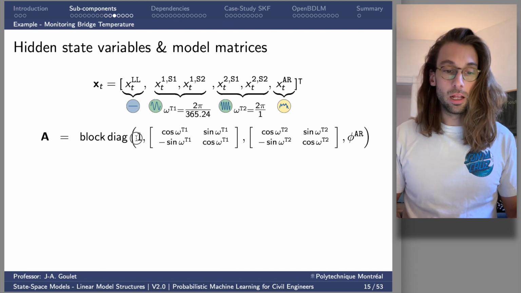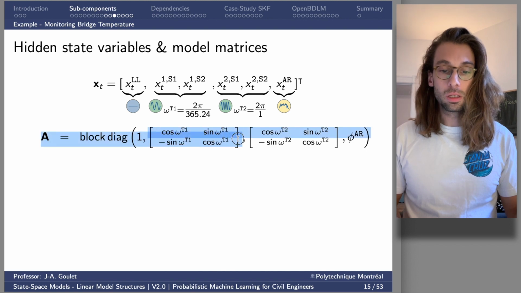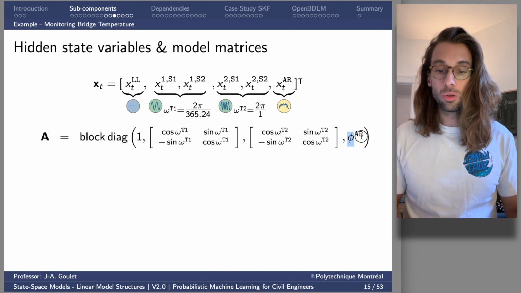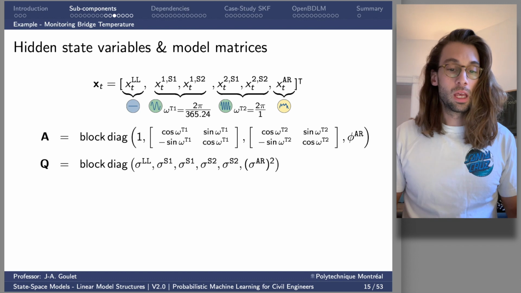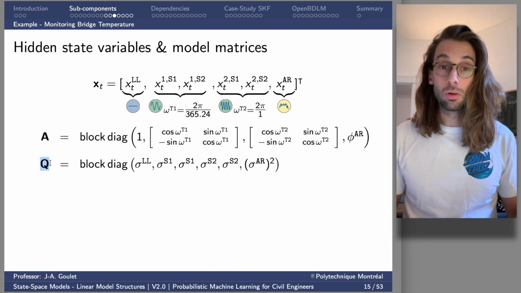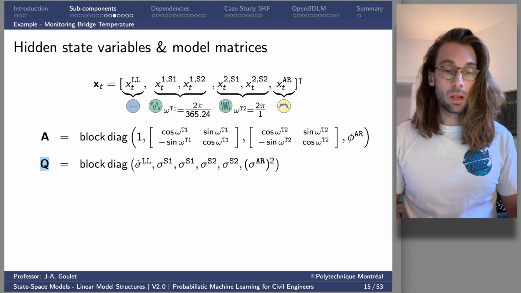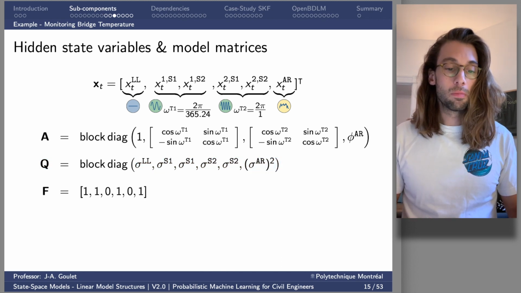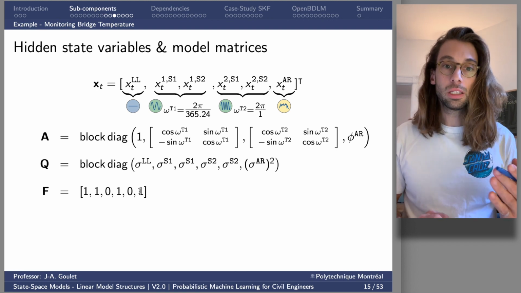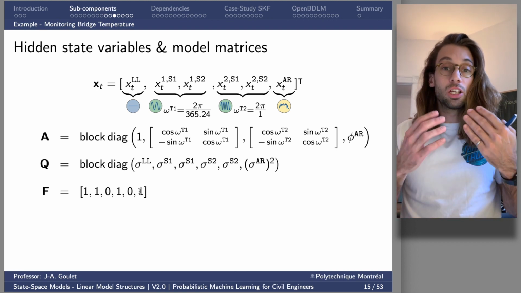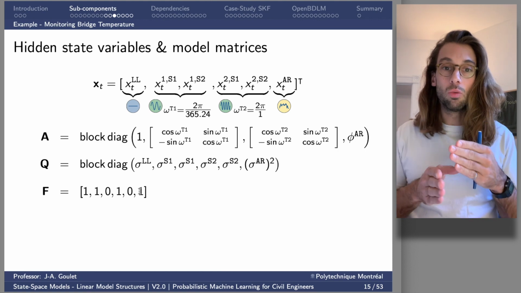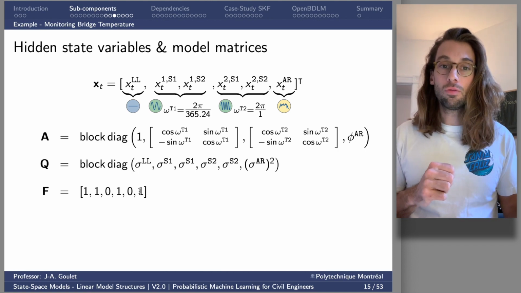So here I have my local level, first periodic component, second periodic component, and autoregressive coefficient. I'm going to do the same for my process noise, or my process error. I'm going to build my block diagonal matrix, my F matrix. So my F here is going to indicate with the 0 and 1 which hidden state is observed, which one is not.